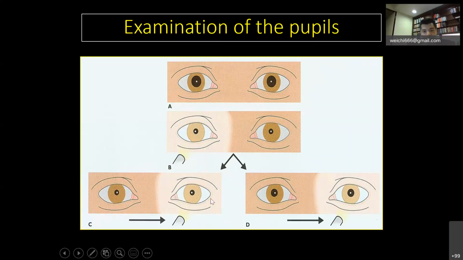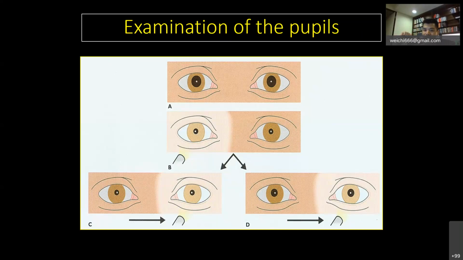And so when you move your light pen to the other eye, by the time your light pen moves away, you see the pupil dilate again, right? Because the stimulus was removed. But when you redirect your light pen over here, would you see the constriction of the pupil again?